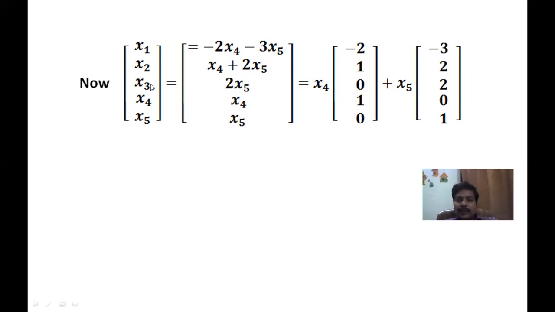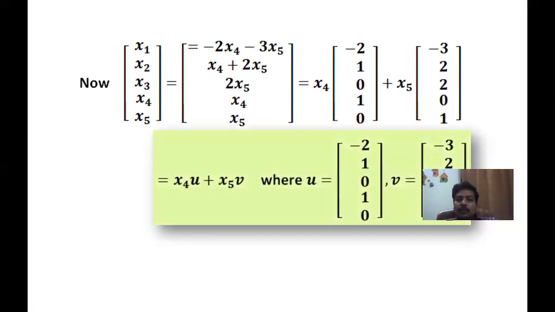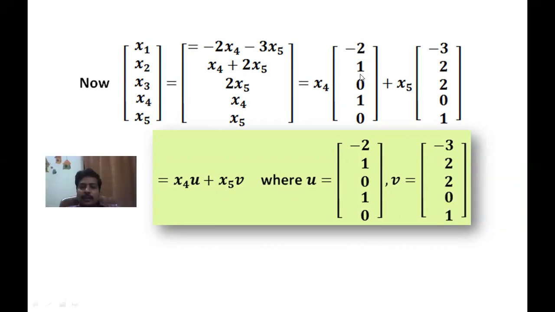So this vector x1, x2, x3, x4, x5 can be written in this form. So now it is in the form of x4u plus x5v, where u is equal to the vector minus 2, 1, 0, 1, 0, v is equal to minus 3, 2, 2, 0, 1.